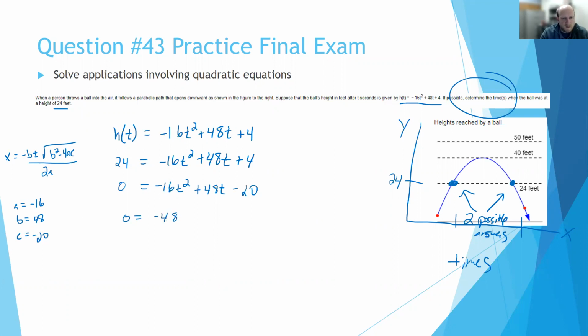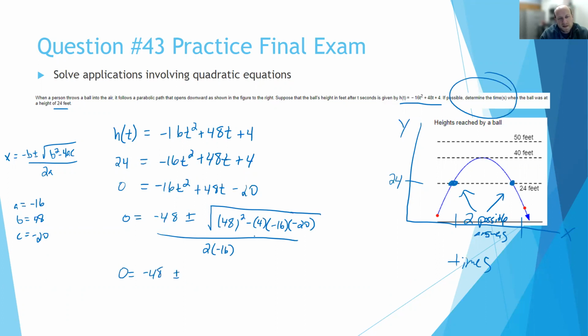I have negative 48, because it's negative b, plus or minus the square root of b squared, so 48 squared, minus 4 times a, negative 16, times c, negative 20, all over 2 times a, so 2 times negative 16. And what I would recommend is type in all of this just as it looks in your calculator, using parentheses.